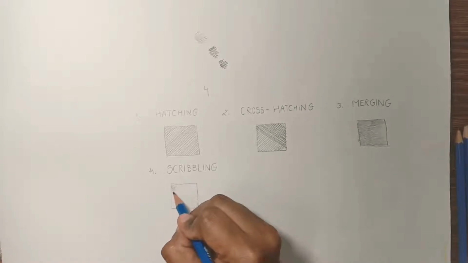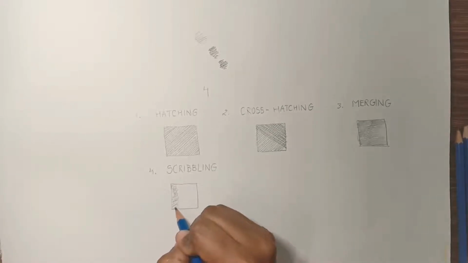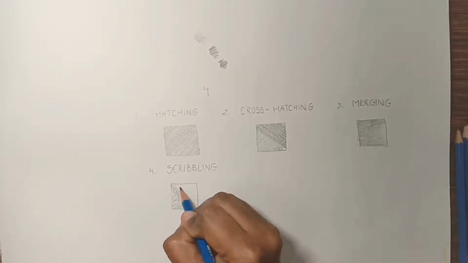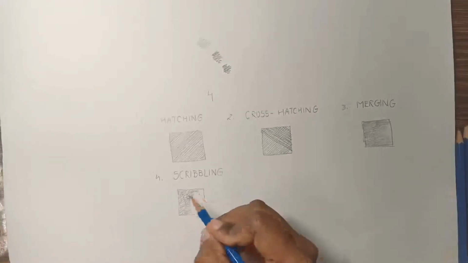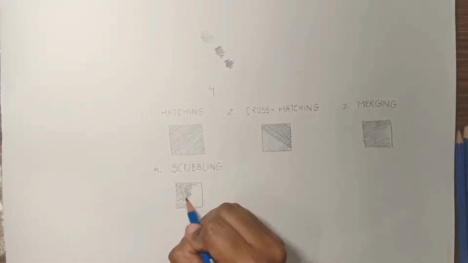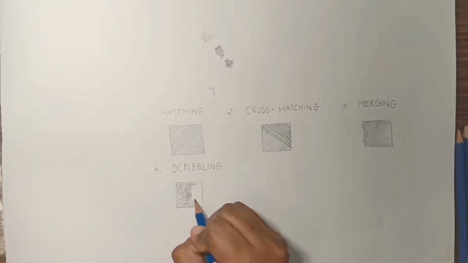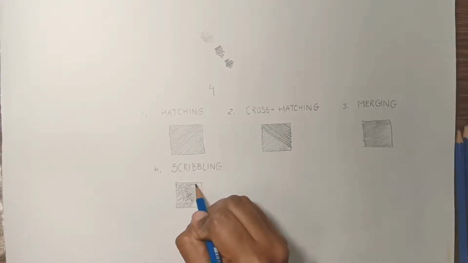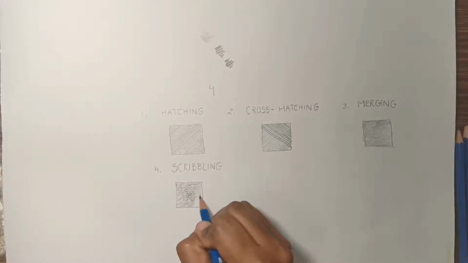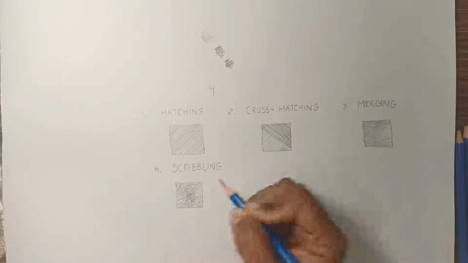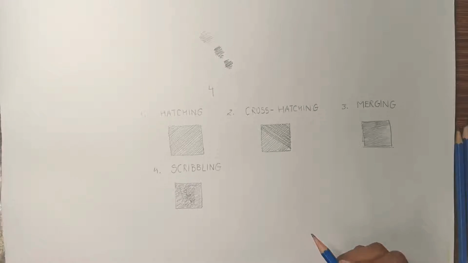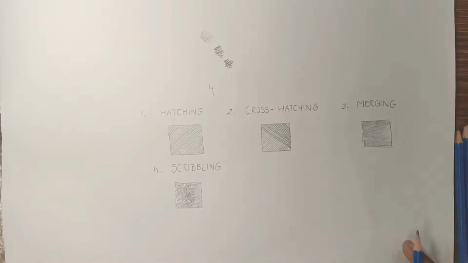You just have to scribble in any direction, any format. Where you want darker, just scribble closer and apply more pressure, and lighter in lighter places. So this is our final technique, the scribbling.